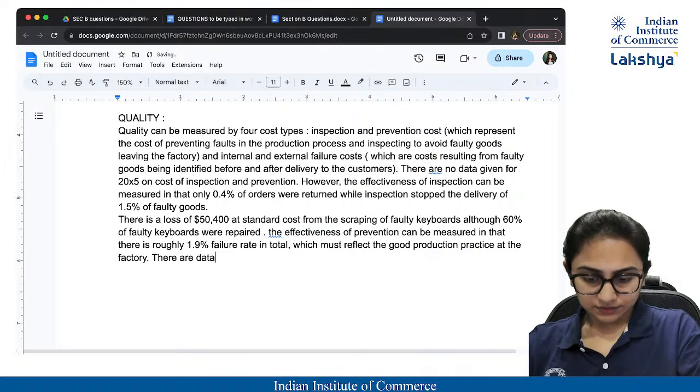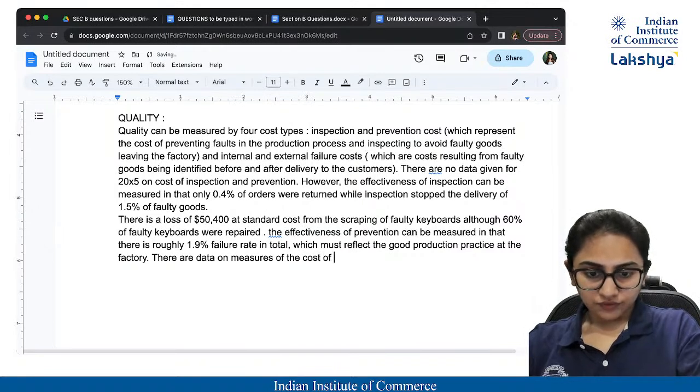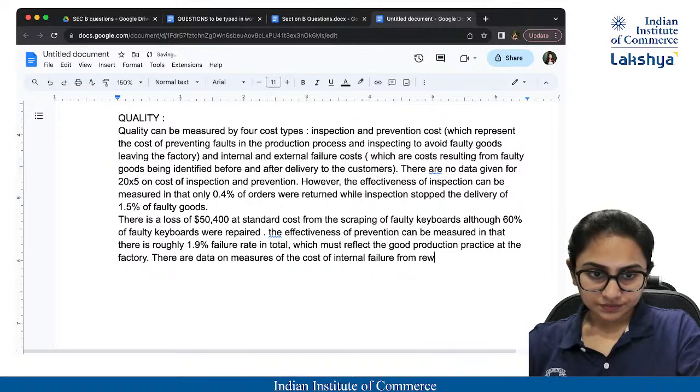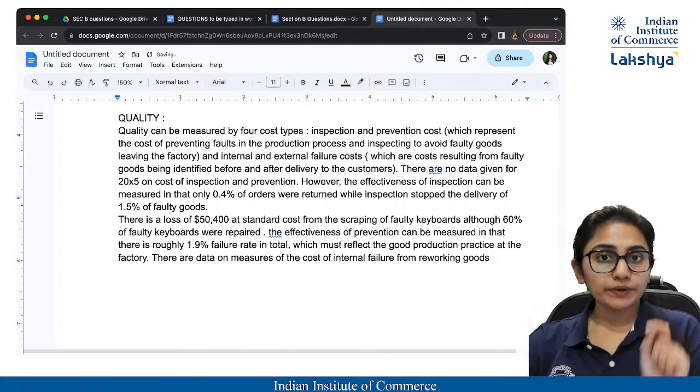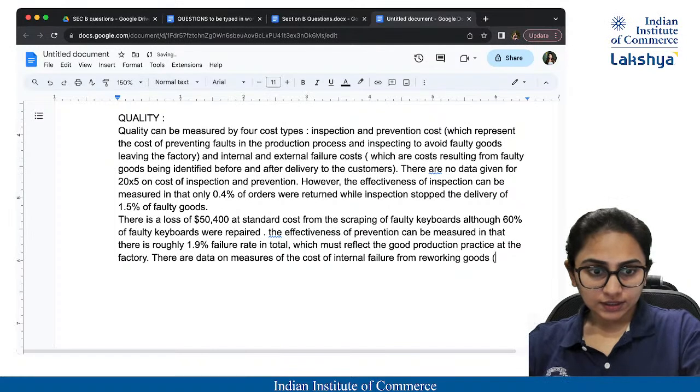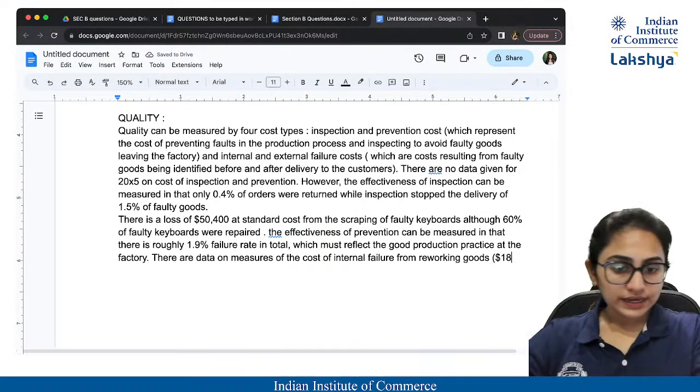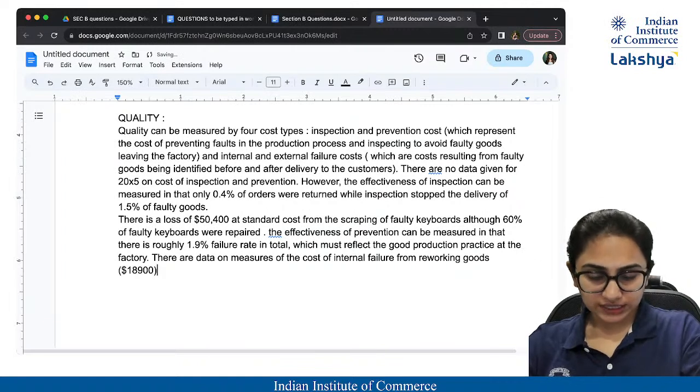There are data on measures of the cost of internal failure from reworking goods. Reworking, that is repairing goods, and the cost was $2 per defective product. So when you calculate that, the cost was $18,900.